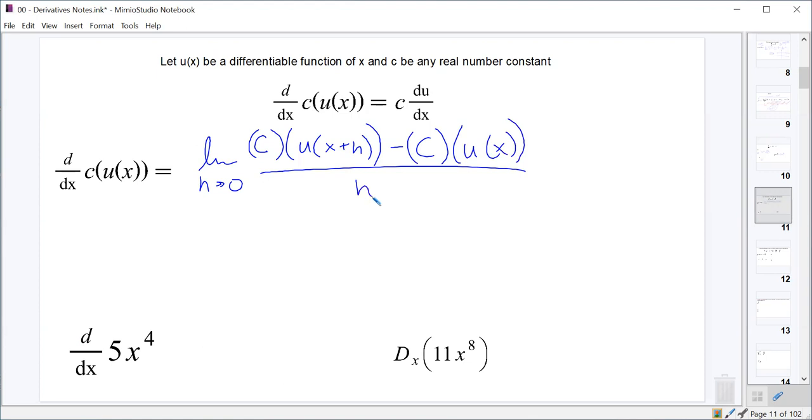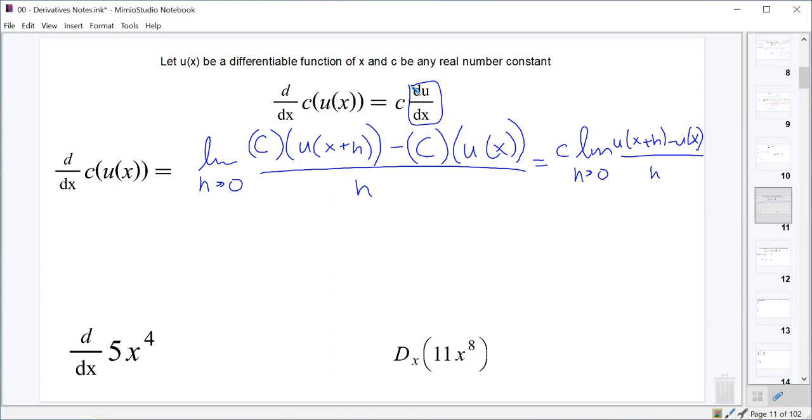Well, what can we do with that? With the limit, if we factor out a c from everything in the numerator, a constant, we can pull the constant outside the limit. So we have c times the limit as h approaches 0 of u of x plus h minus u of x all over h. Well, what is u of x plus h minus u of x all over h? As h goes towards 0, it's the derivative of u.